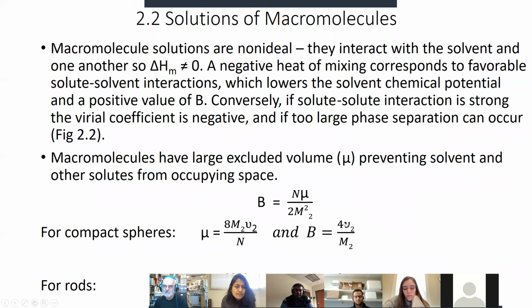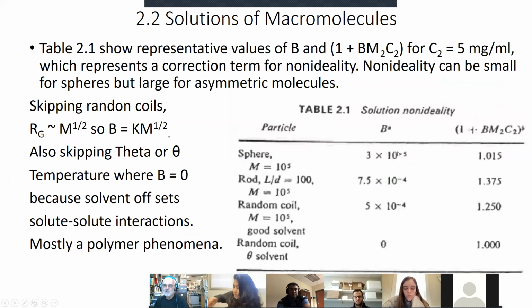It's 4 V bar divided by M. If you plug in a typical V bar for a protein, which is around 0.72, and a molecular weight for a typical protein, this is the order of magnitude that you will get for B times concentration, corrected for this molecular weight term. What you will get is a correction factor of about 1.5% deviation from ideal.